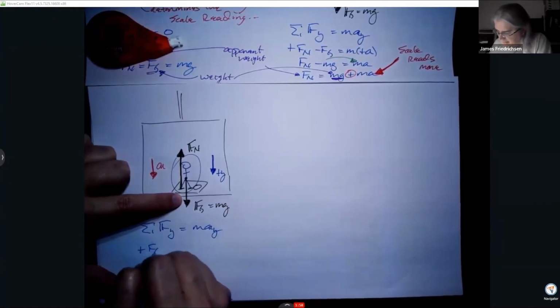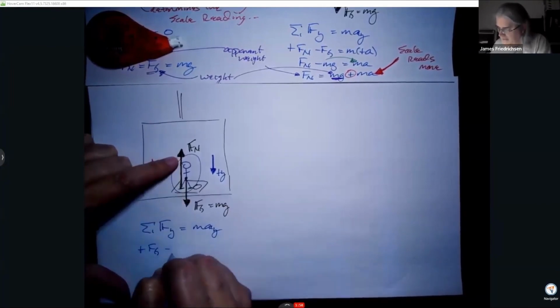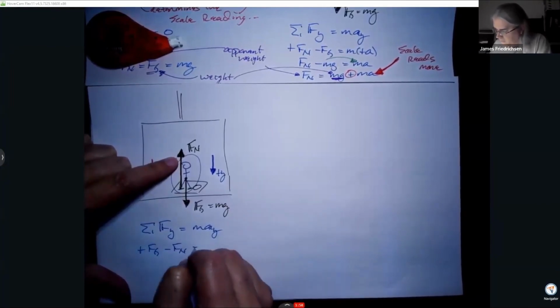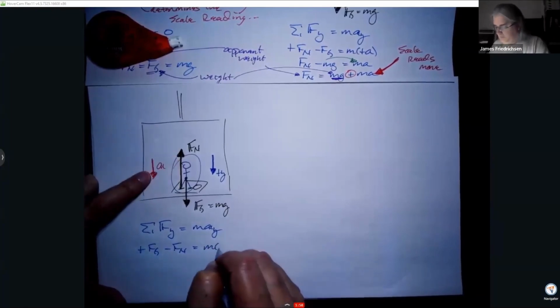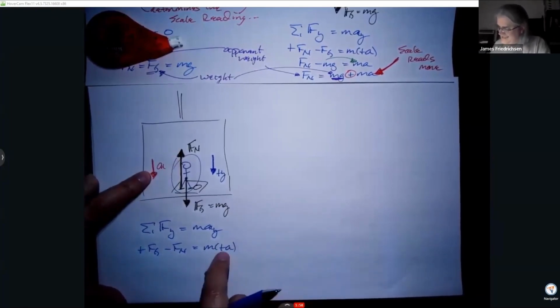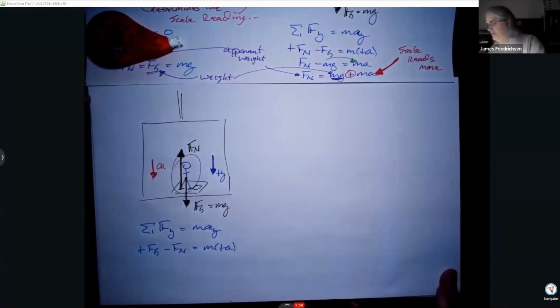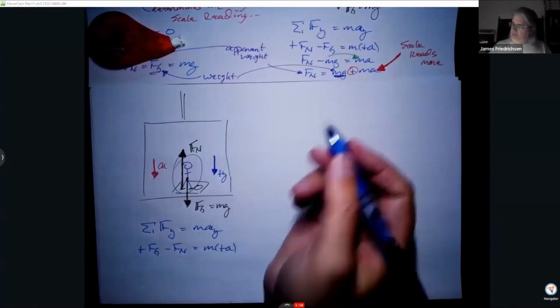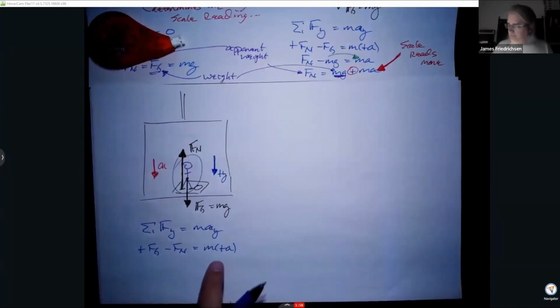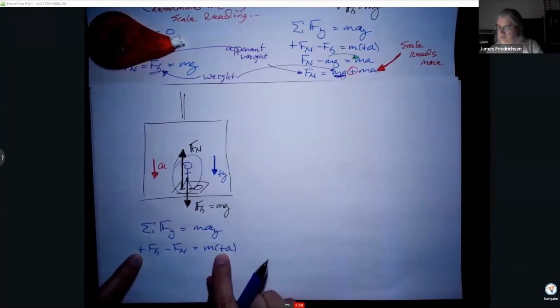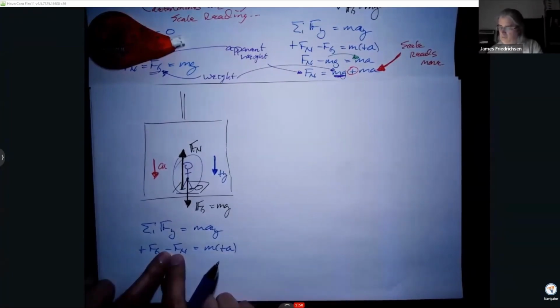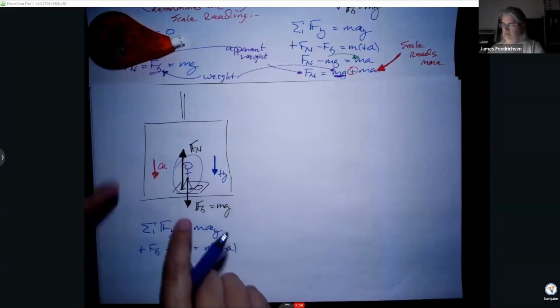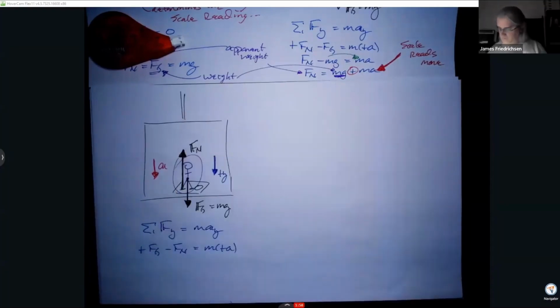So plus the magnitude of gravity minus the magnitude of the normal force is equal to m times plus a. It's this sign on the a that you need to make sure we don't miss. It's all good if you want up to still be positive, but you better have the minus sign on that a because the a and the gravity go in the same direction and the normal force goes opposite. So down, down, up.